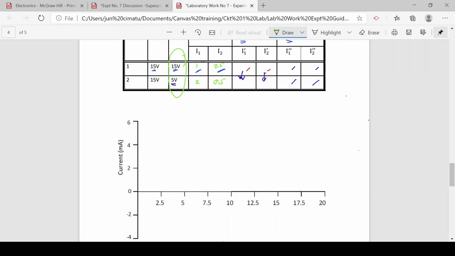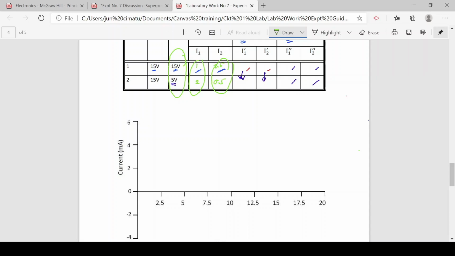These are hypothetical values. They may not happen in the actual circuit, but this would be the trend to be expected in the experiment.